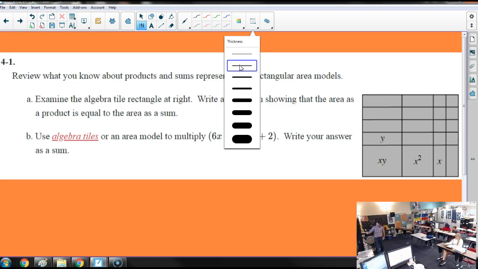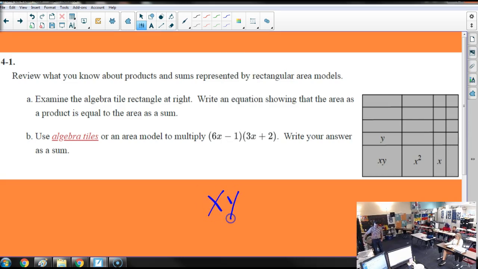So we have an xy plus x squared. How many of those? Just one. Plus 4y. Yeah, 4y. Plus 8.